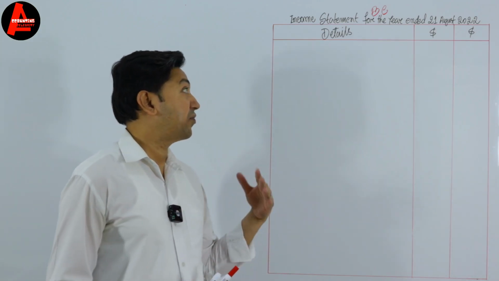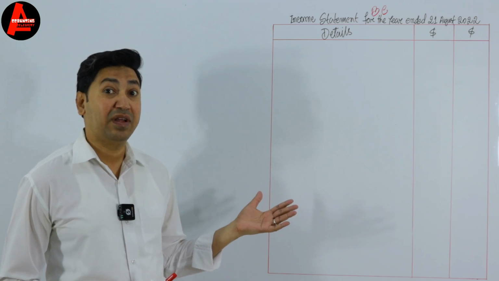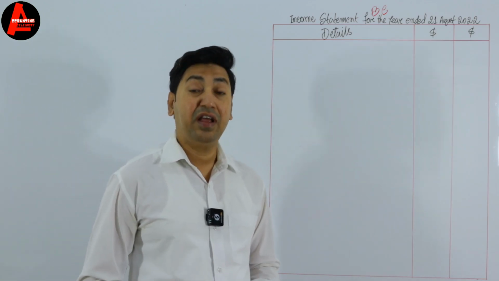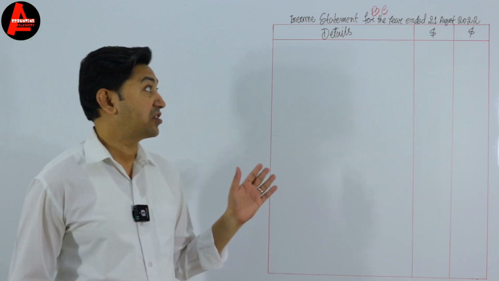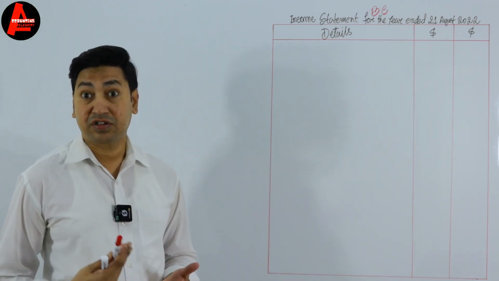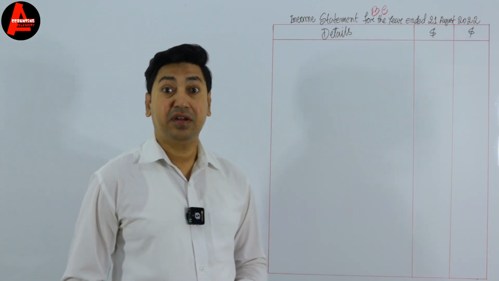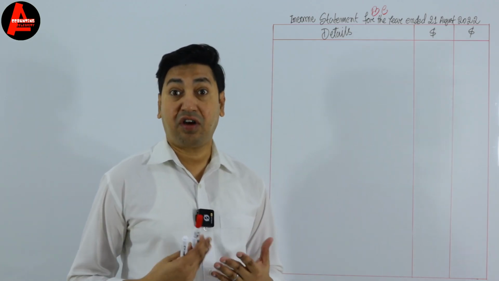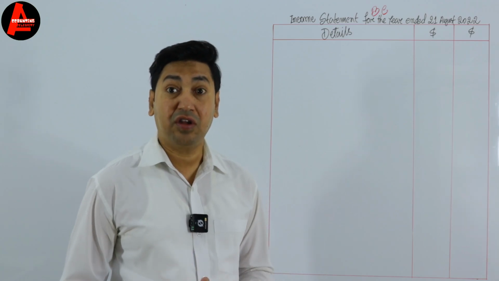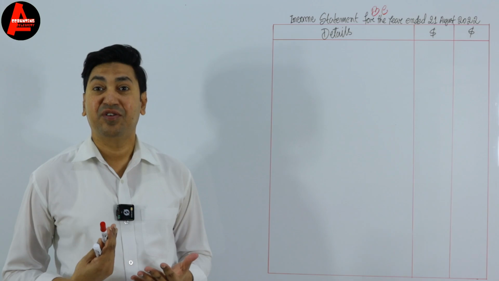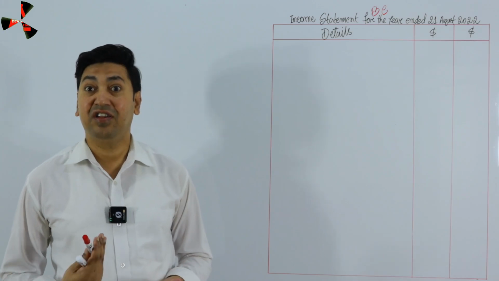The first item of the income statement is revenue, sales revenue. We will write this item first of all. So how to calculate gross profit or loss? If we subtract cost of sales or cost of goods sold, whatever you call it, from the sales revenue, we will have gross profit or loss.